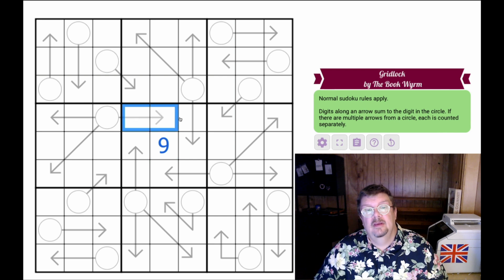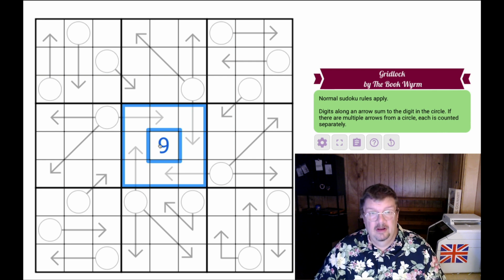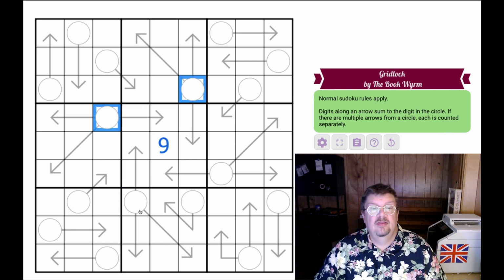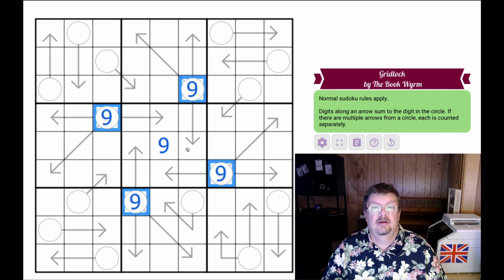So if this box sums to 45, then these 8 digits must be 45 minus 9, which is 36. What's interesting is that means that these 4 digits add up to 36, and the only way to do that, particularly as they don't see each other, is to have them all as 9s.